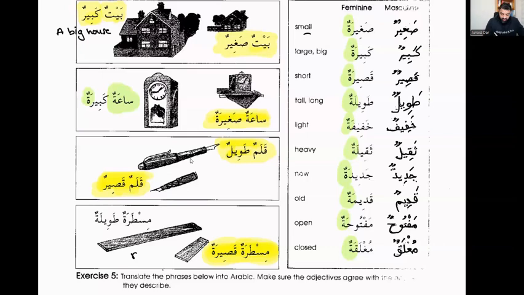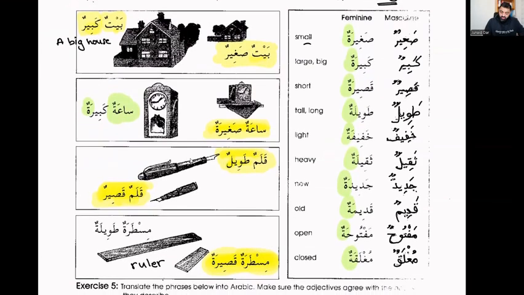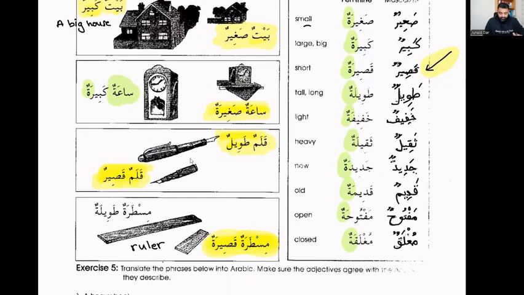So your mistara is a ruler. And qasiratun is small. Good. Or short. Good.